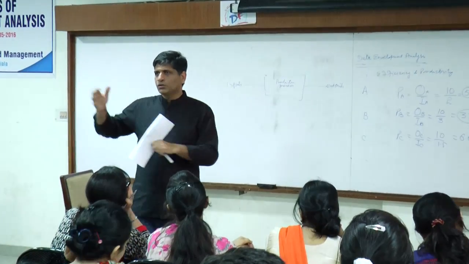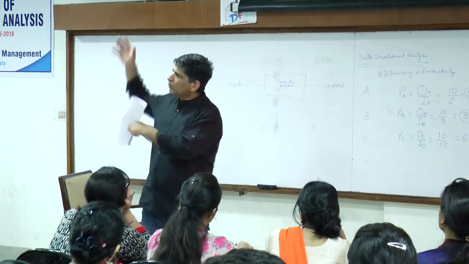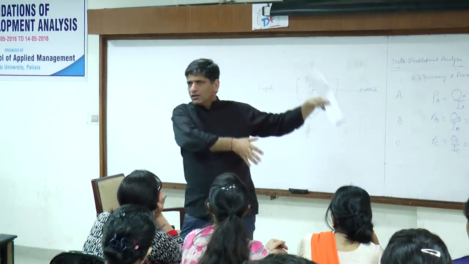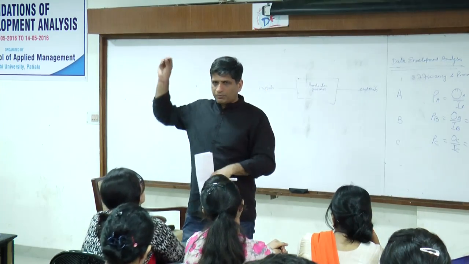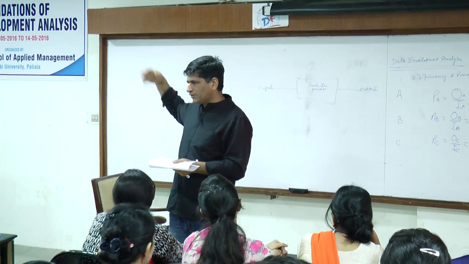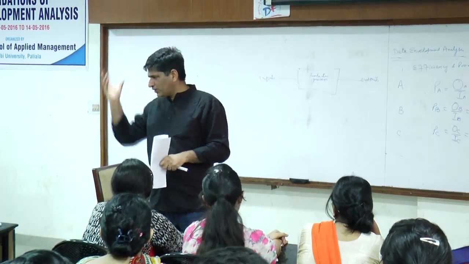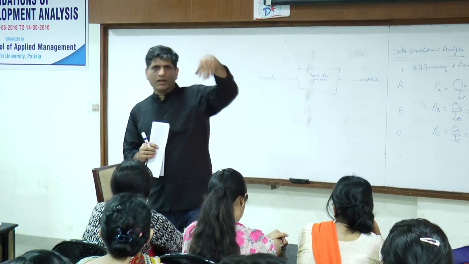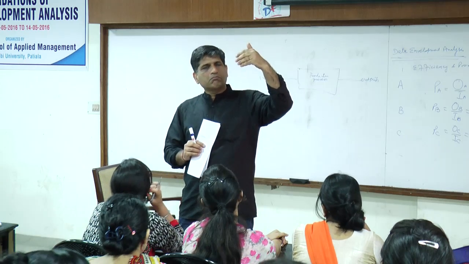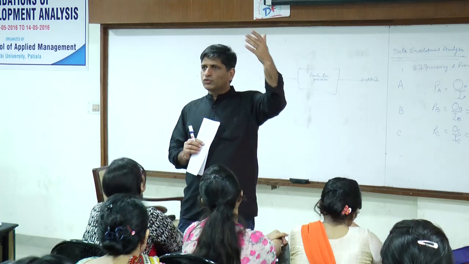For example, when we talk about the efficiency of the department, we are getting the finances from the university administration through some budgetary allocation, and we are producing the papers, we are doing the placement of the students.